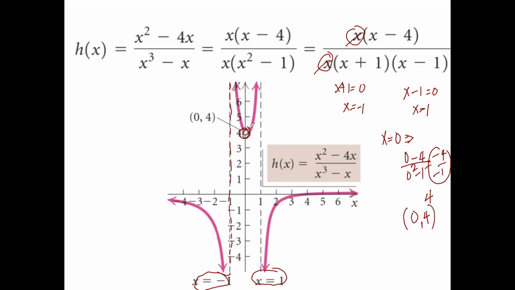That's why you have this hole. This happens when you have a common factor in your numerator and the denominator. With that value, x equals 0, substituted in your function, you'll get the y value, the point that is the coordinate of your hole.